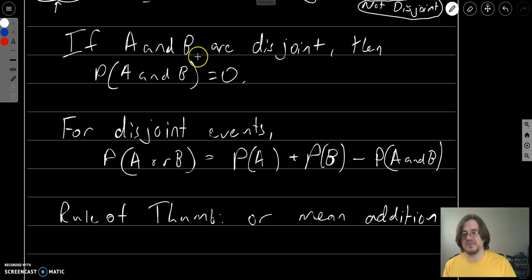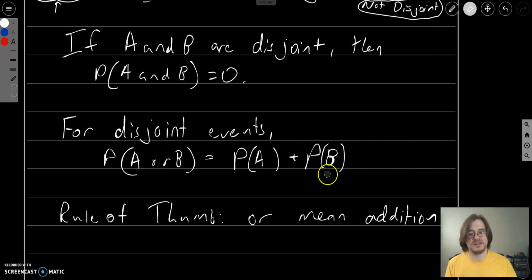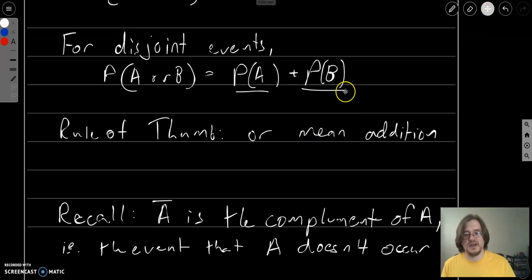But if the probability that A and B occur at the same time is 0, subtracting 0 from something doesn't change it. So we might as well get rid of it. So this means that adding probabilities for disjoint events is quite nice. You just get to add them together.